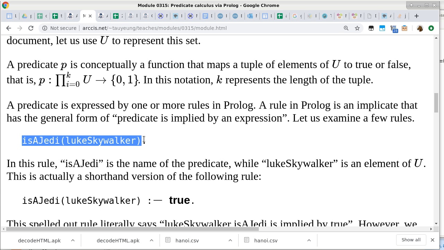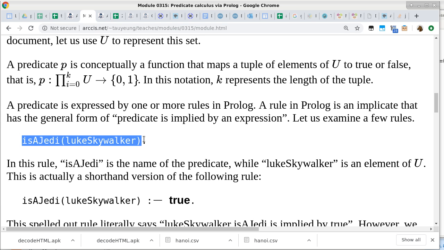If this is in the system, it means it is true. So we are basically stating everything that is true. So it is true that Luke Skywalker is a Jedi. Is a Jedi is the name of the predicate, and then luke skywalker, starting with a lowercase l, is the name of an atom. This is how we identify a particular atom in this particular universe. Is that okay? All right.